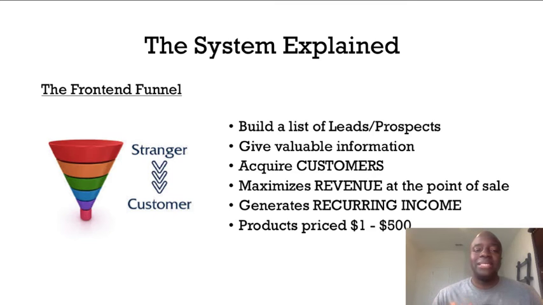And those products in the front end of your funnel are going to be priced somewhere between $1 and $500. So it's kind of like the low end to mid end or mid ticket products between those front end products and some of the upsells and recurring membership products that you can offer within that front end funnel.